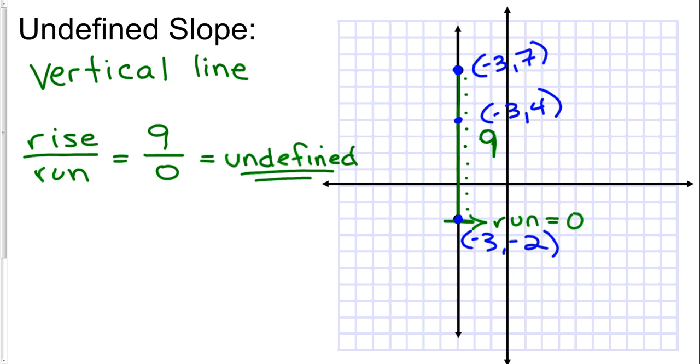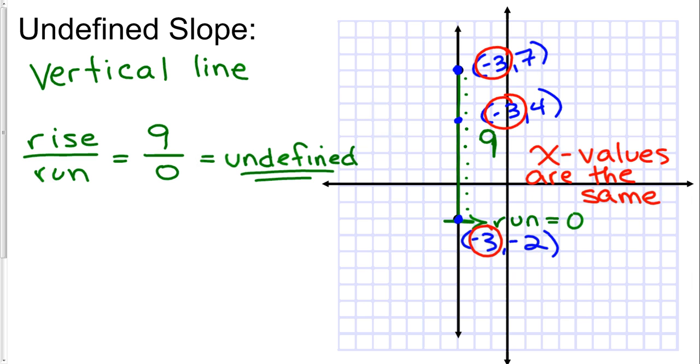Now what do you notice is the same about all three of these points? Well, their similarity would be the x-coordinate. Each of these x-coordinates is negative 3. So all of our x values are the same.